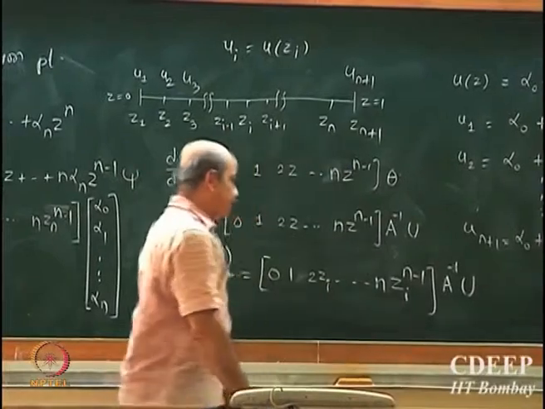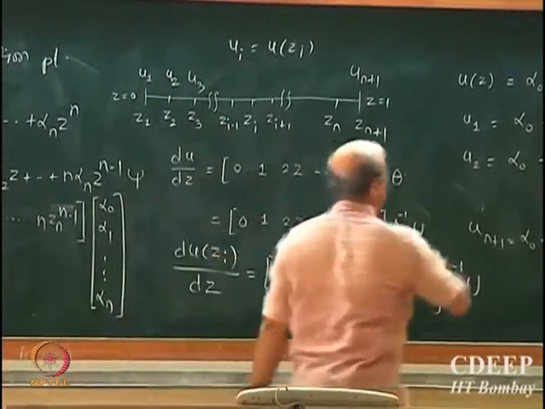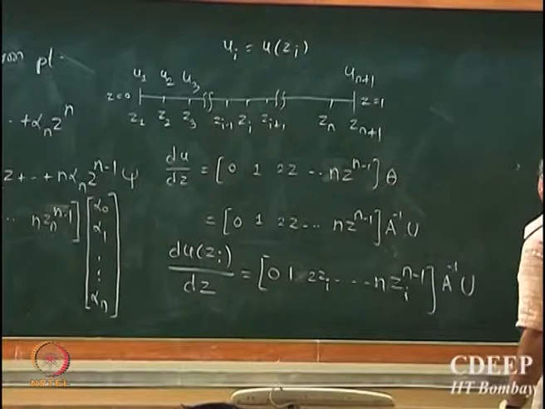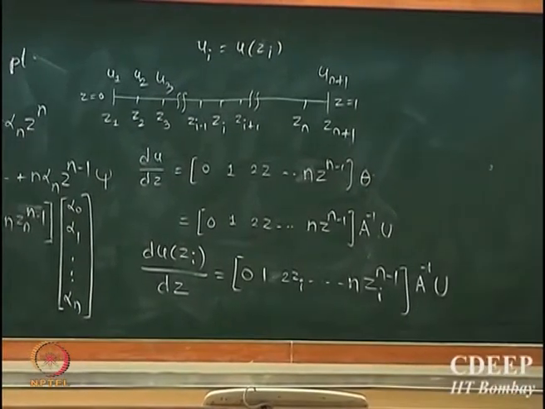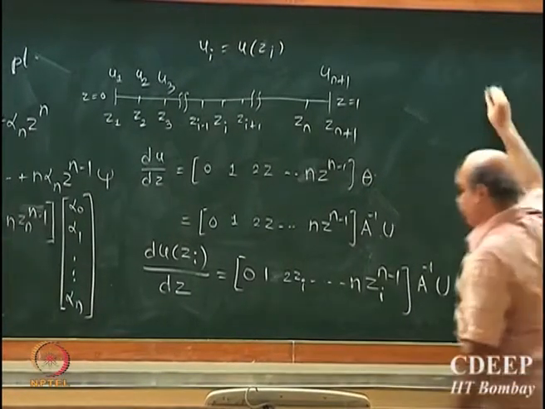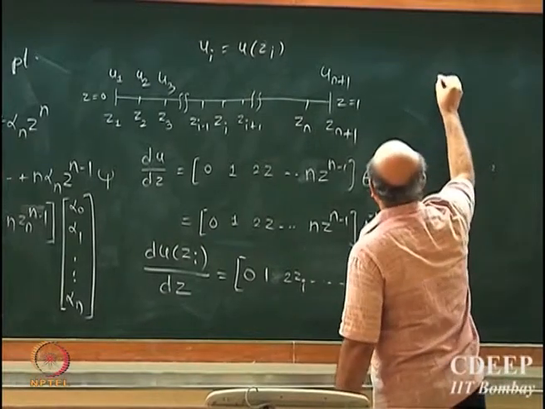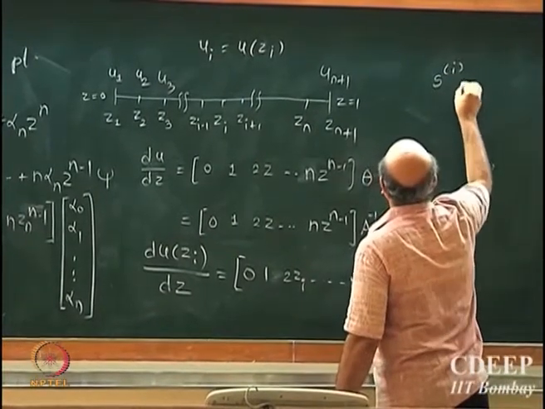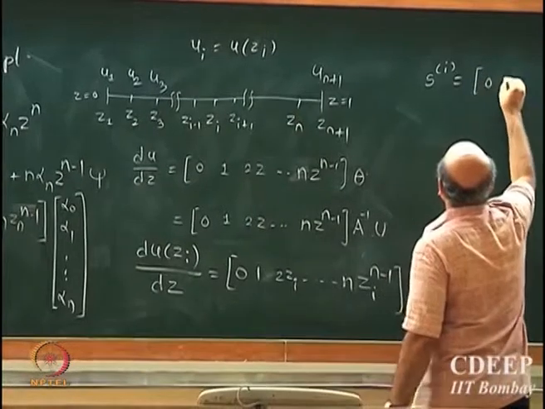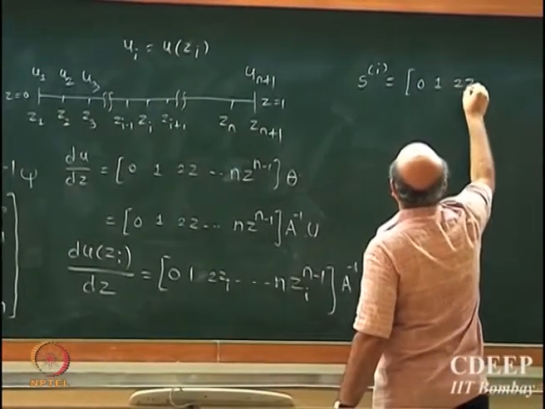Now this quantity, 0, 1, 2 z_i, up to n z_i^(n-1), into A inverse, I am going to denote as Si.